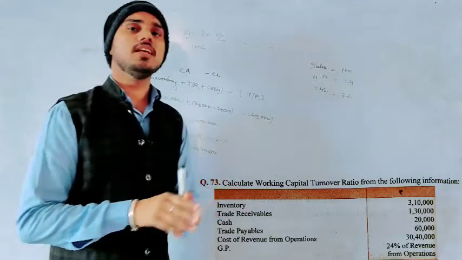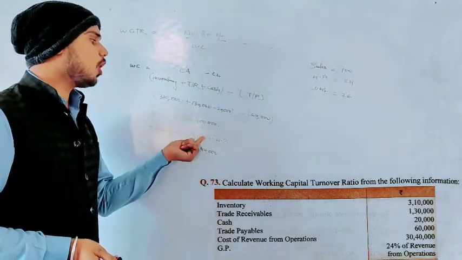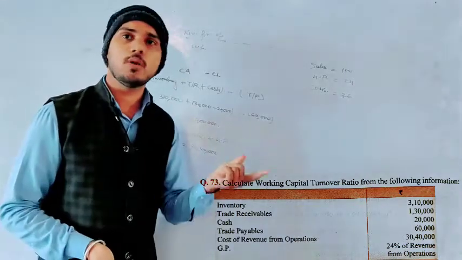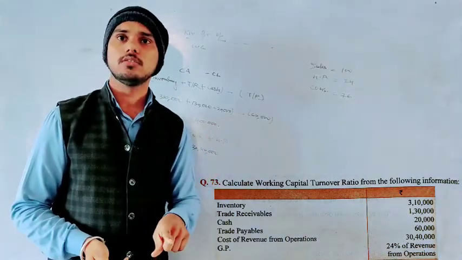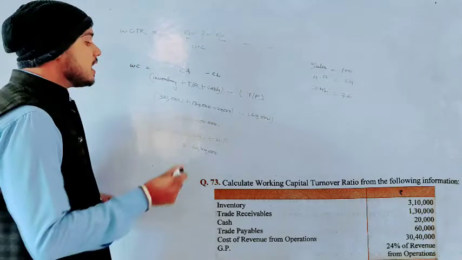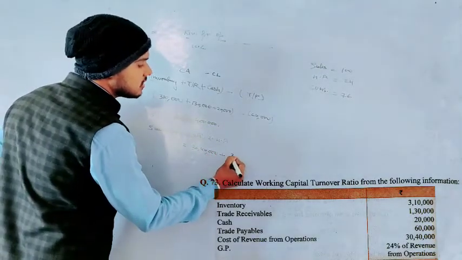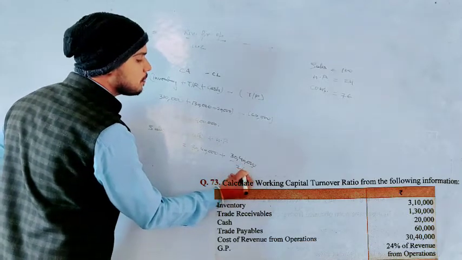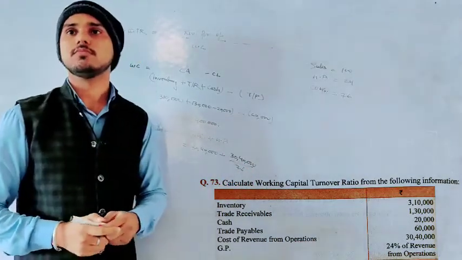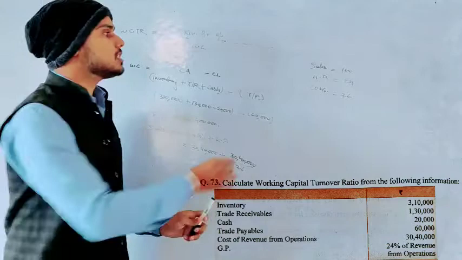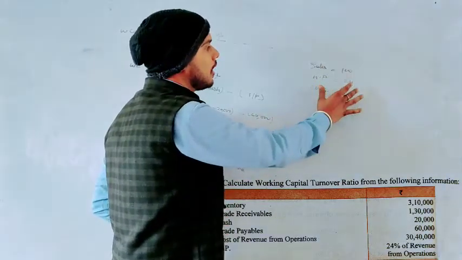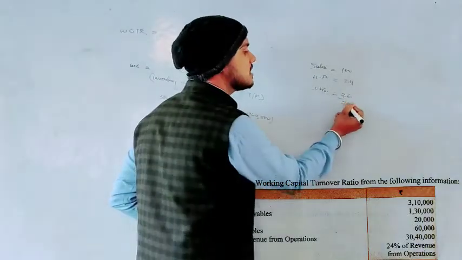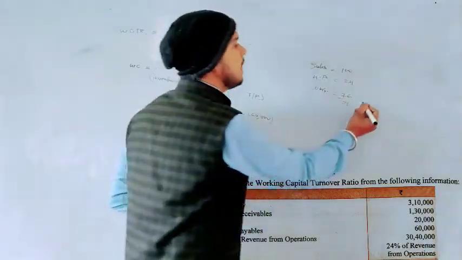Now we can do one thing. In a way we can say that this is cost, that means from the sale that 24% is deducted, that means in itself this 30 lakh 40,000 is 76%, or not? If you want to know what our sale will be, we can say, if this cost of goods sold is 76%, what will be 100%?